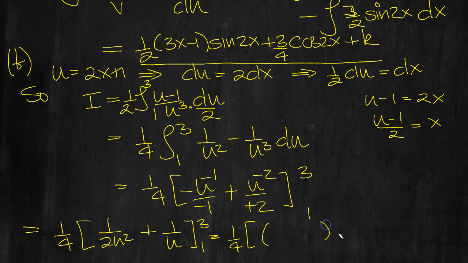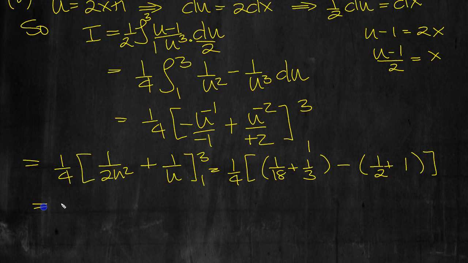Top value, take bottom value. So top value, put 3 in. 9 times 2 is 18, 1 over 18. Put top value in here, 1 over 3. And then put bottom value in, 1 in here, 1 over 2, put 1 in here, plus 1.